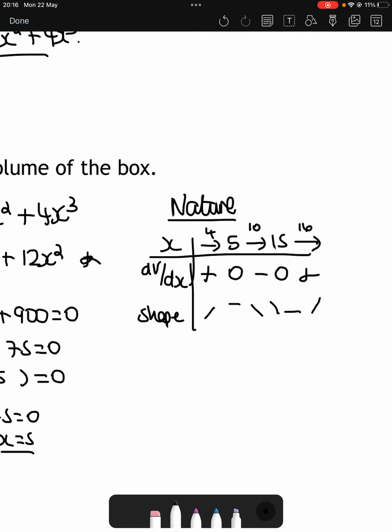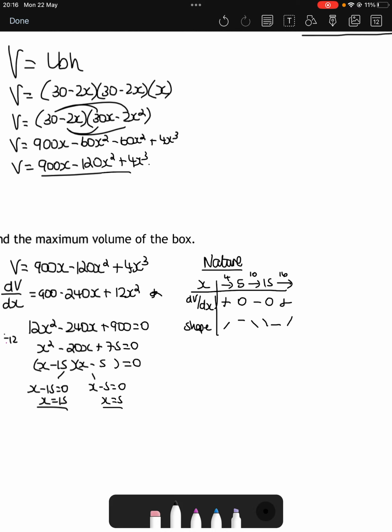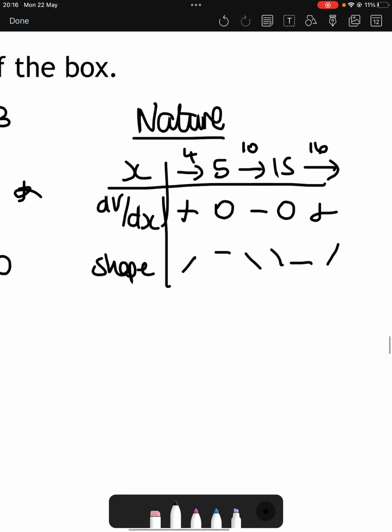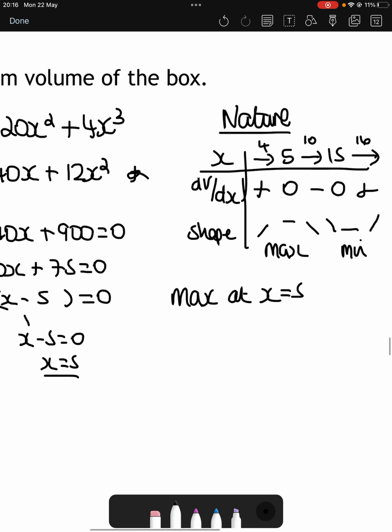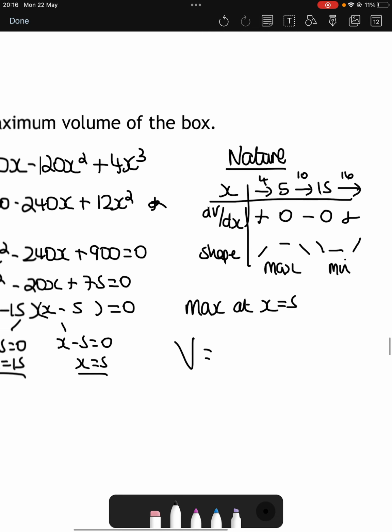Okay, so what does that look like? So we've got 2 stationary points. So we're looking for the maximum. So we have a max one there, and we've got a min one there. So maximum at x is 5. But what does the question say? It says find the volume. So for our maximum volume, we're going to sub it into our formula.